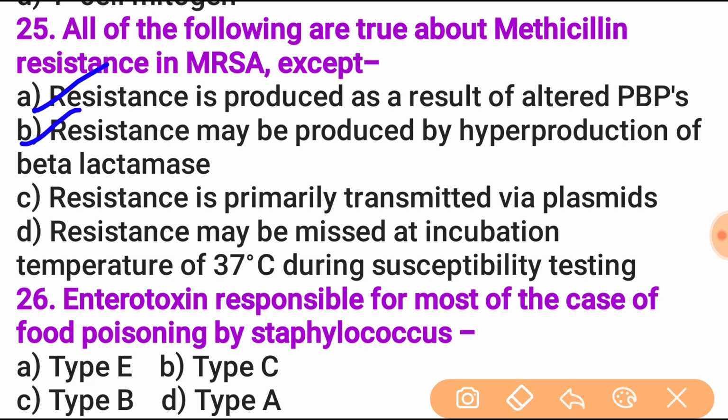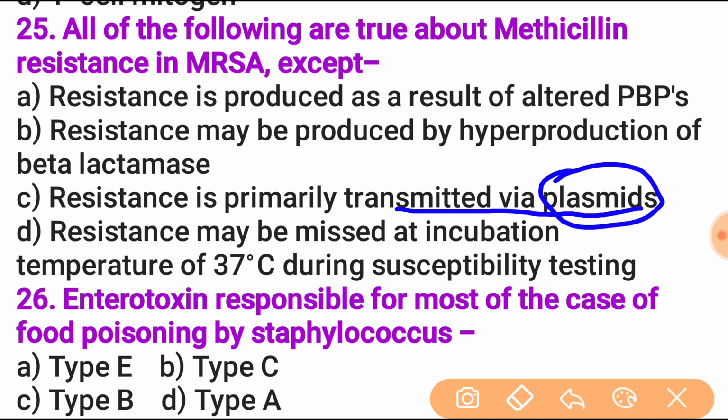While resistance is primarily transmitted via plasmid is wrong, because methicillin resistance in Staphylococcus is transmitted chromosomally, not by plasmid.